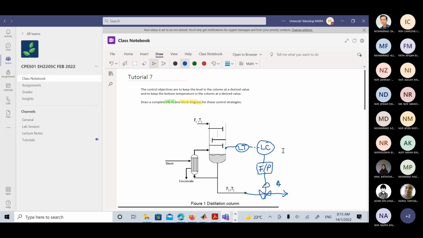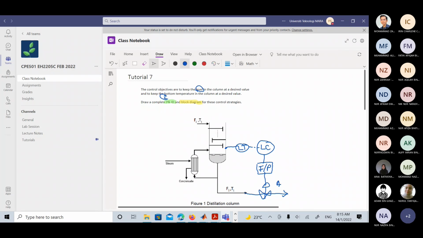After detection is decision. After decision is action. That's how we complete the PNID diagram for the level controller. So we have solved one. The control objective is to keep the level of the column at the desired value. How about the second one?